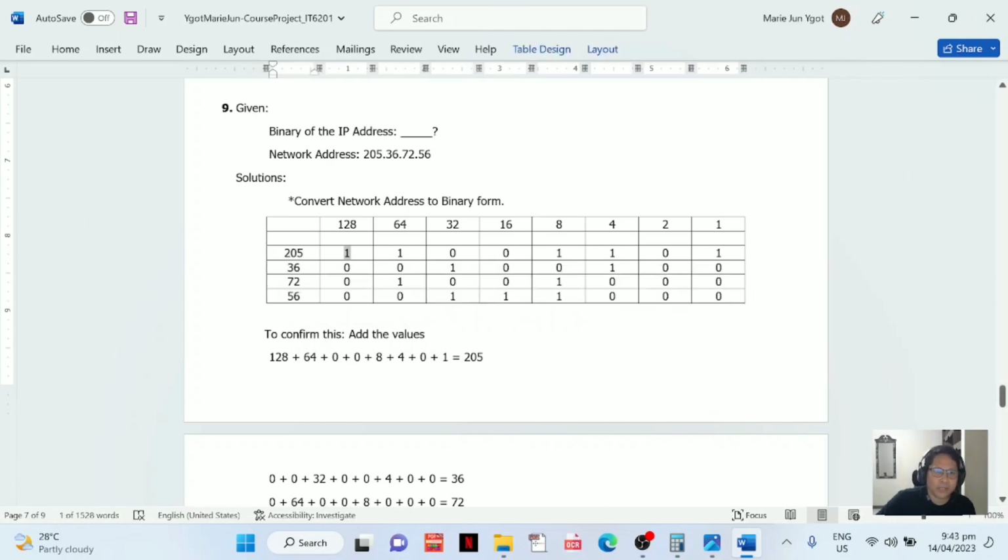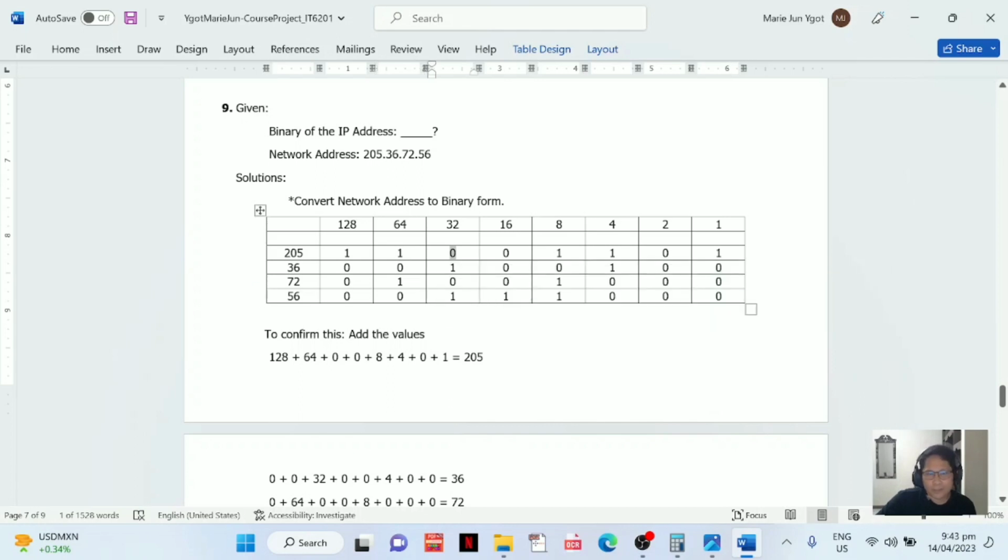Yes, so that's why we have 1 here. So a 64 can still be added to 128 in order to get 205. Yes. So what about 32? No, we cannot use 32.